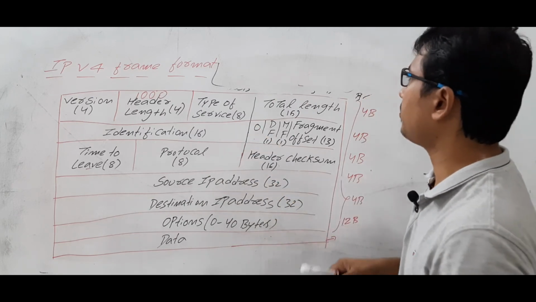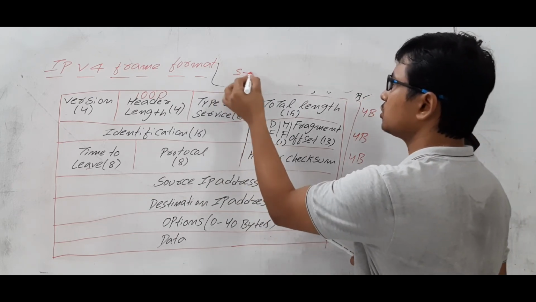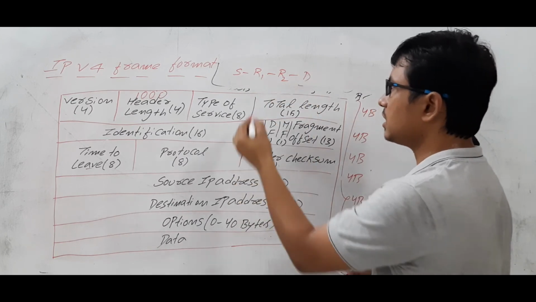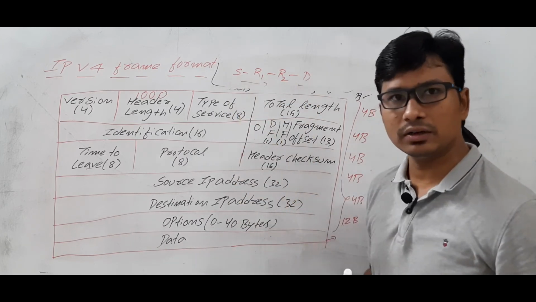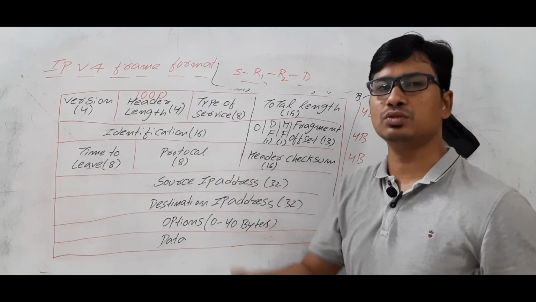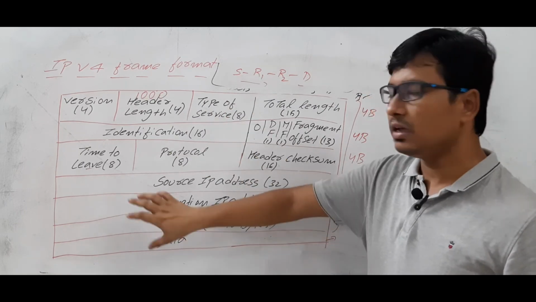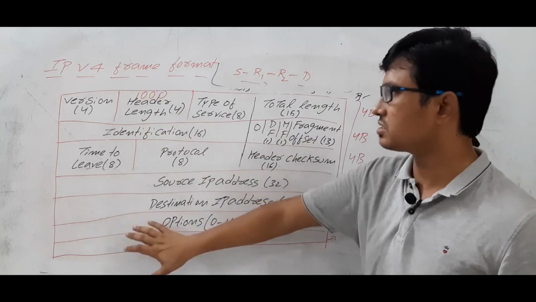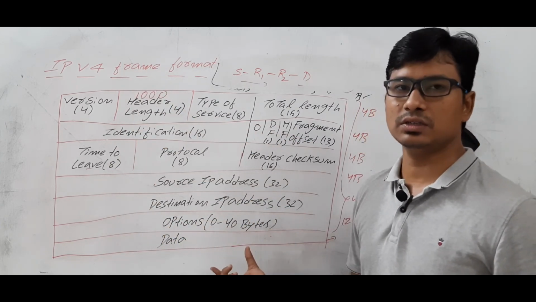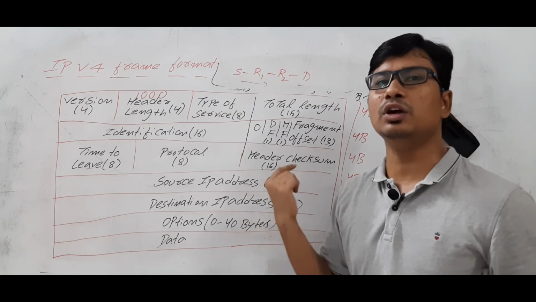Now you have the options, which are useful for things like record route. If packets are going from source to router R1, router R2, then destination, this entire information will be recorded. Or sometimes the source will specify strict source routing, meaning the source will tell that this data has to pass using the specified routers. In between, routers should not use their intelligence.